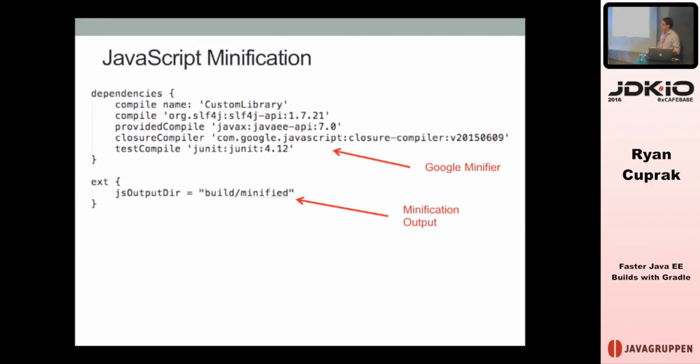The next one is, as a part of this project, you have to do minification. Now, there's two ways of doing the minification. One way is using the Google plugin, the Closure Compiler, to minify your JavaScript to output one consolidated JavaScript file.